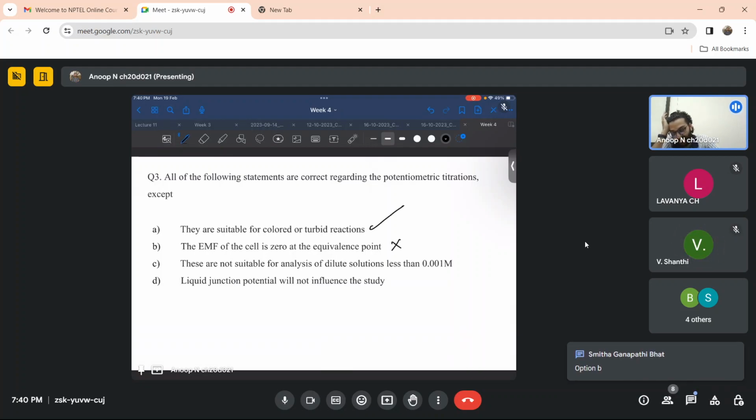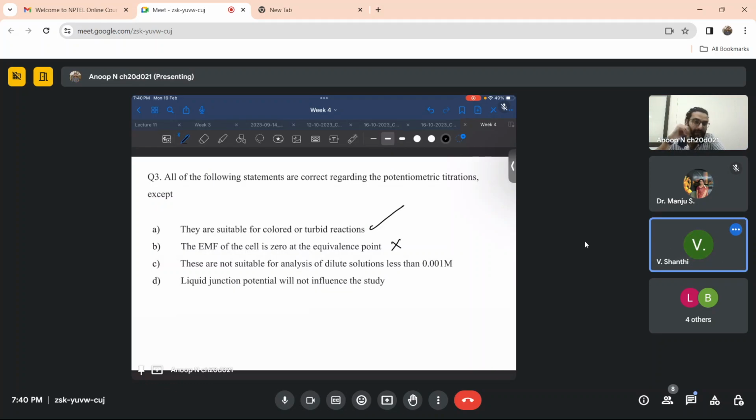It is not true. Have you seen, just go through the video, at the equivalence point is the voltage showing zero? Yeah, minus or positive, it will depend. So it's not zero, right?